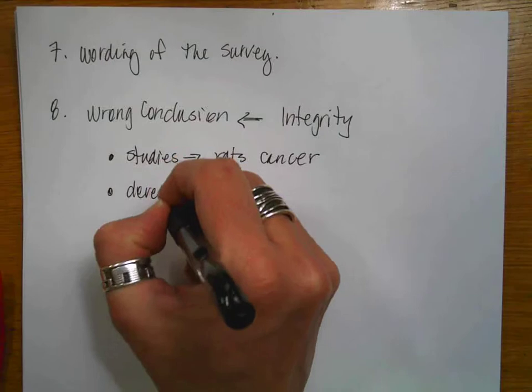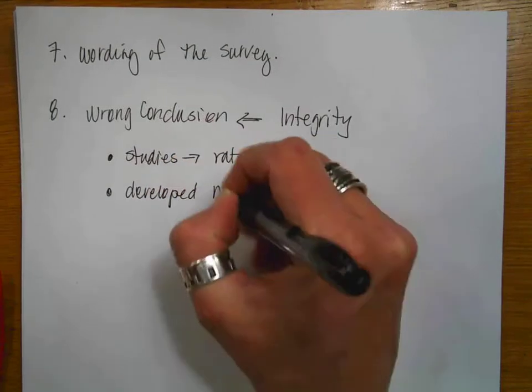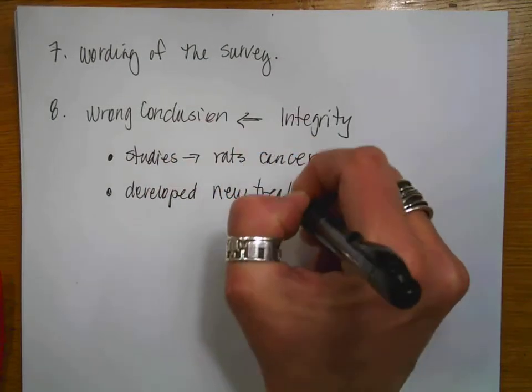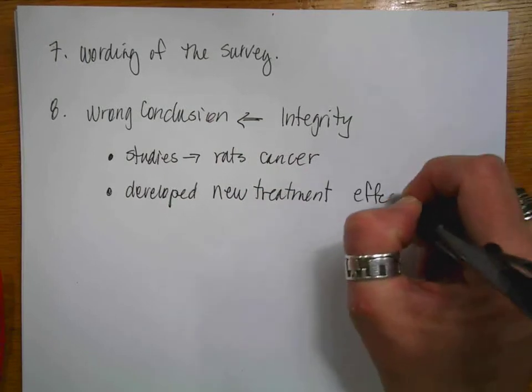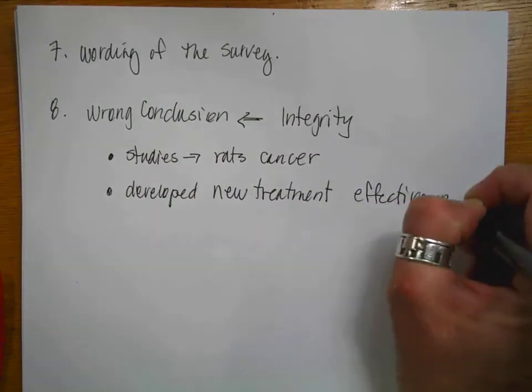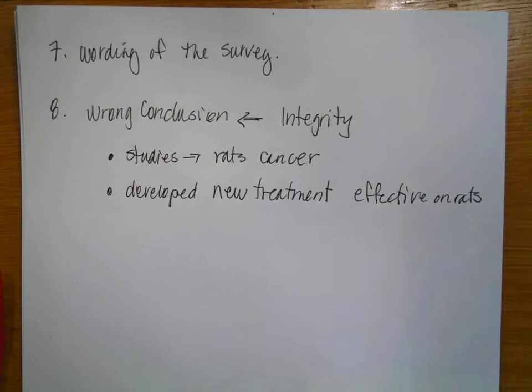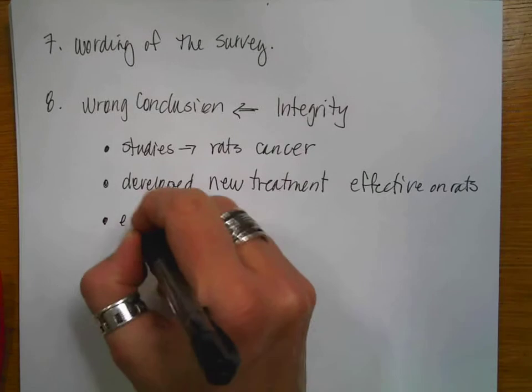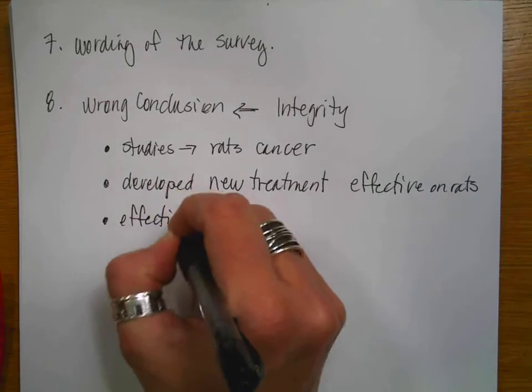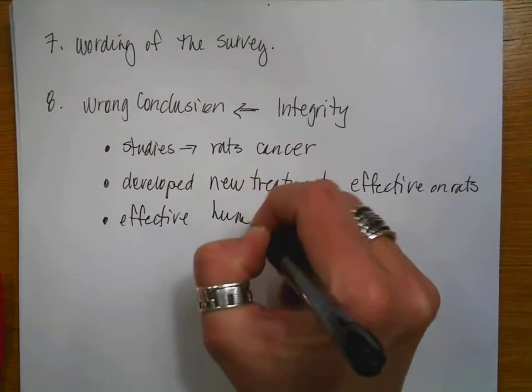But let's say that they developed a new treatment, and that treatment was effective on the rats. Yay for the rats. But is that same treatment going to be effective for humans?